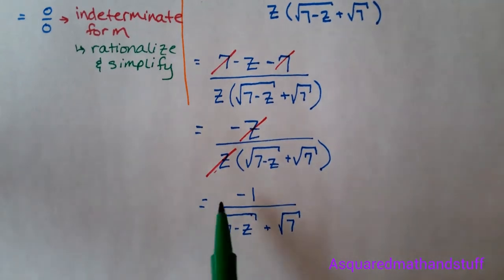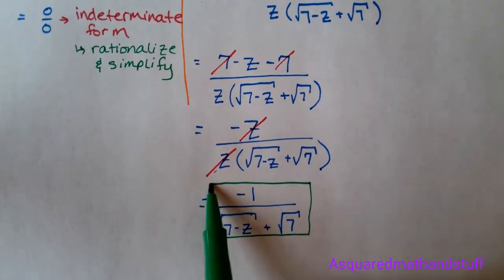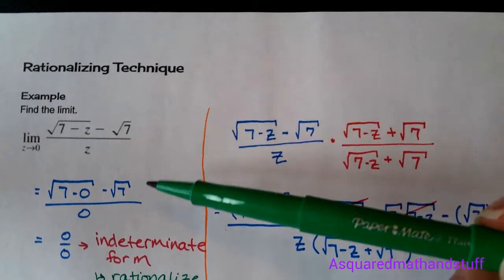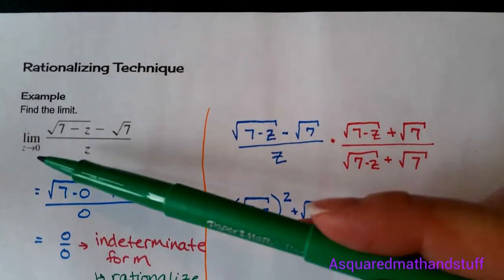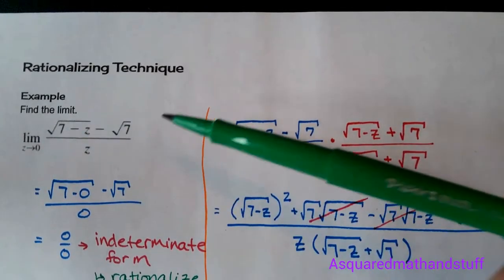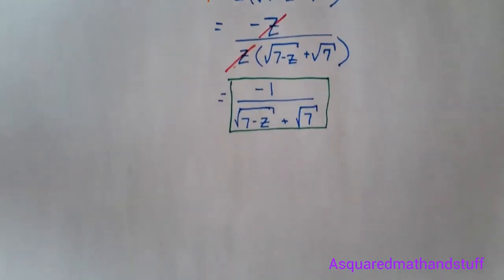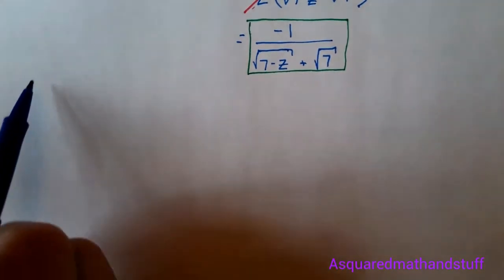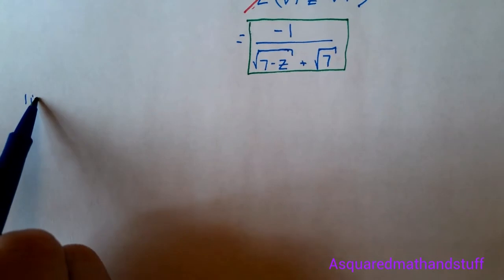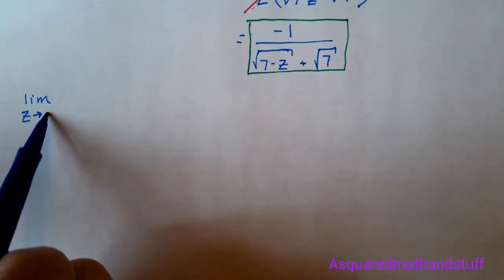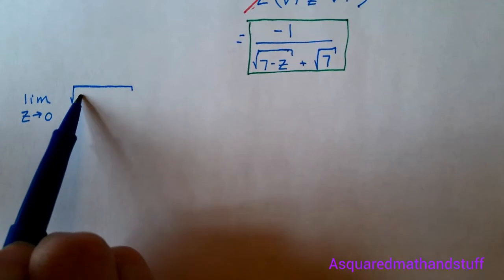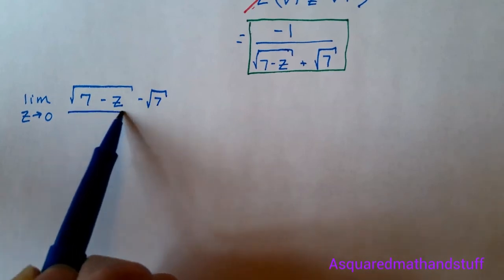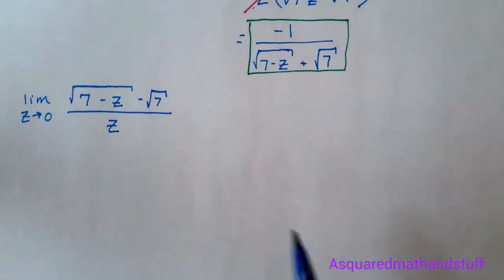So let's go ahead and box this off so I don't lose its placement and what we're working with. And I'm going to now go back to our original equation that we're finding the limit of as z approaches 0, and we're going to work through that. So let's go ahead and come down here, and we will start from the beginning. Let me write out the equation: the limit as z approaches 0 of the square root of 7 minus z minus the square root of 7, all divided by z.